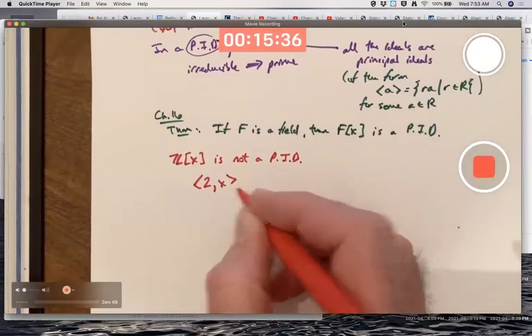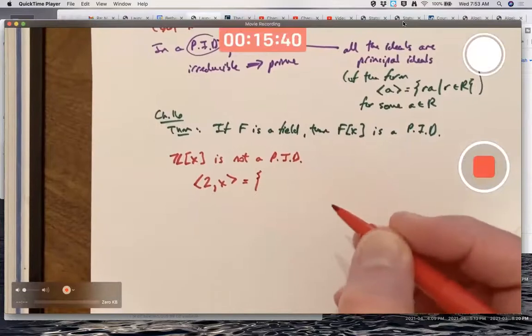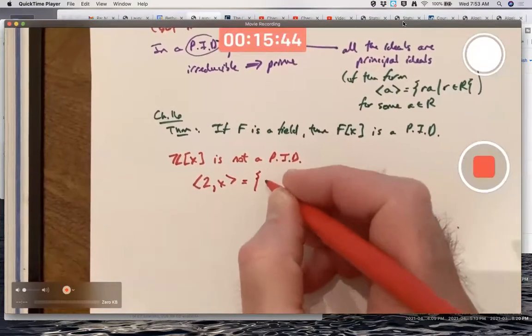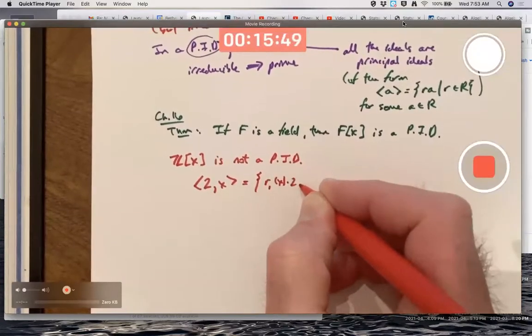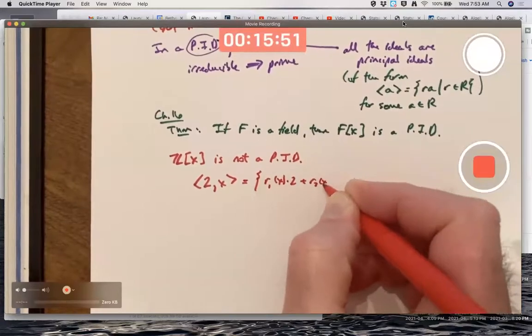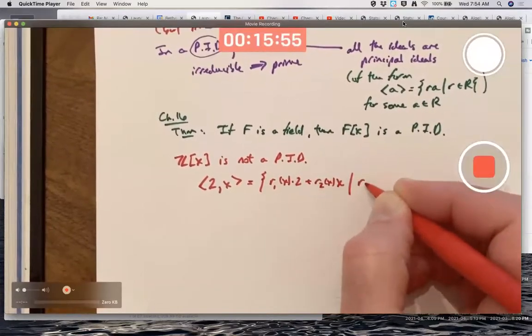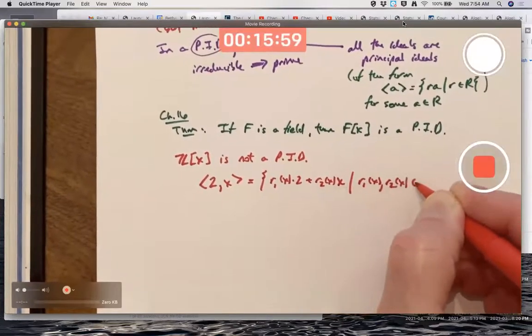This ideal generated by 2 and x turns out to not be a principal ideal. But what is this by definition? This is the set of all linear combinations of 2 and x, maybe call them r1(x) times 2 plus r2(x) times x, as r1(x) and r2(x) vary over the ring.